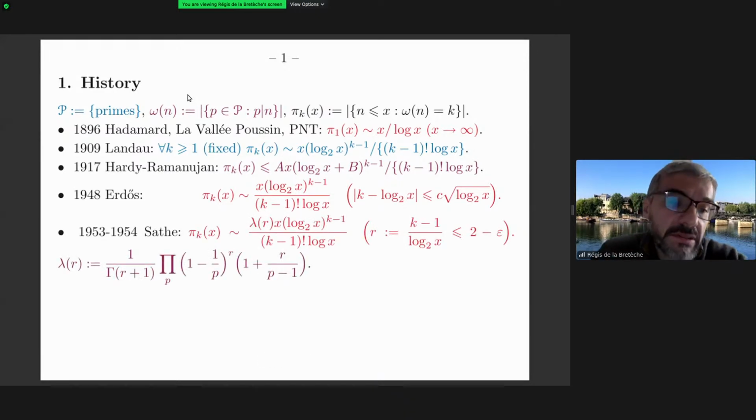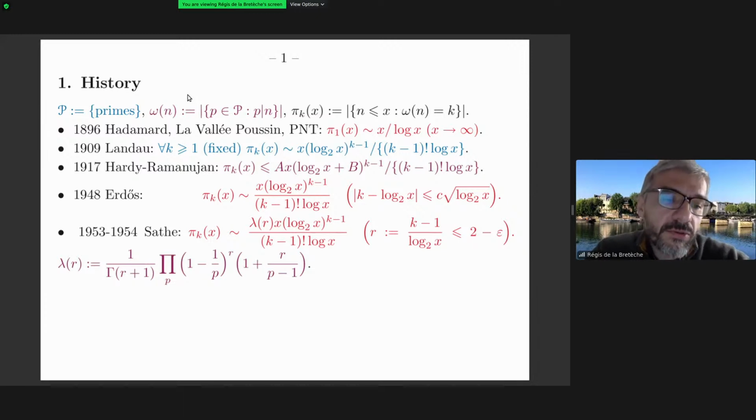So now we arrive at the closest result of our talk. In 1953 and 54, Sathe proved a uniform equivalent, but for (k minus 1) over log log x less than 2 minus epsilon. So the equivalent can be stated with a function lambda.